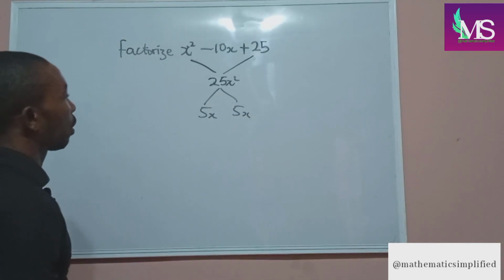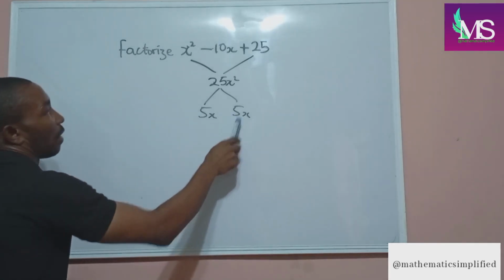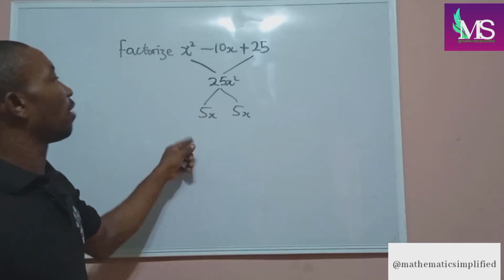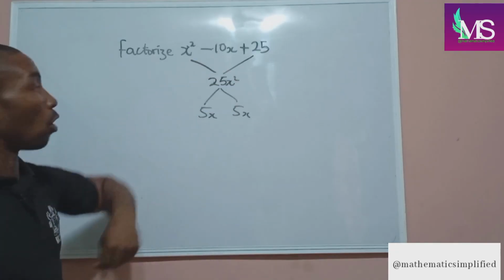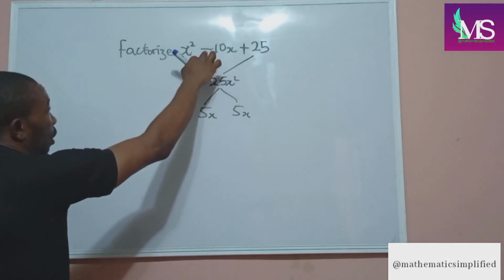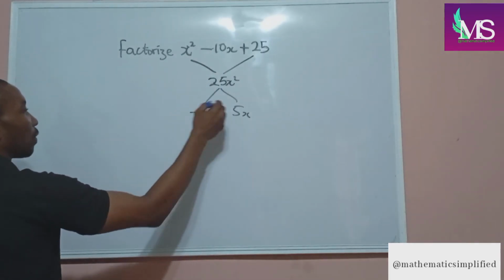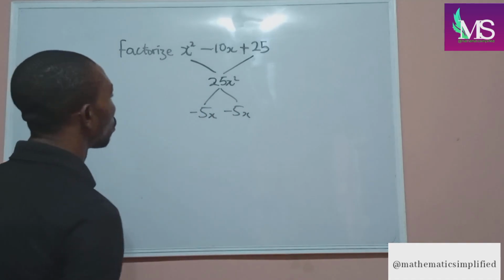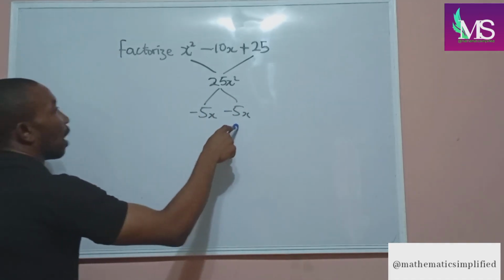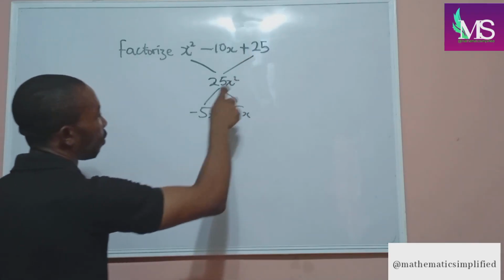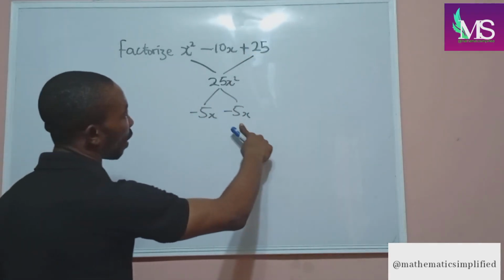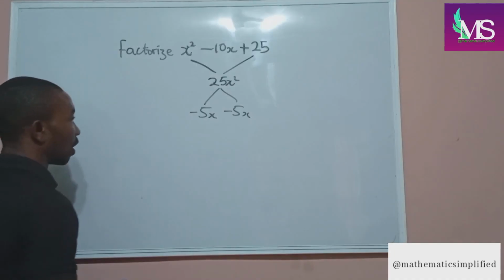Since 5 times 5 will give us 25, and 5 plus 5 will give us 10. But we are considering a negative. So this will become a minus 5 and a minus 5. So minus 5 times minus 5 will give us a positive 25. Minus 5 plus minus 5 will give us a minus 10.